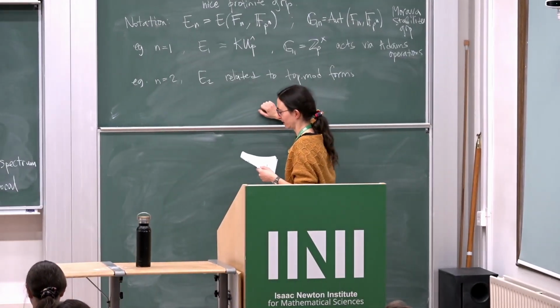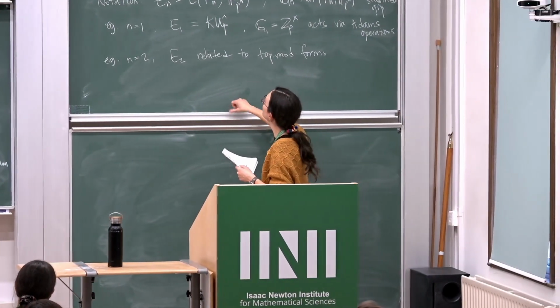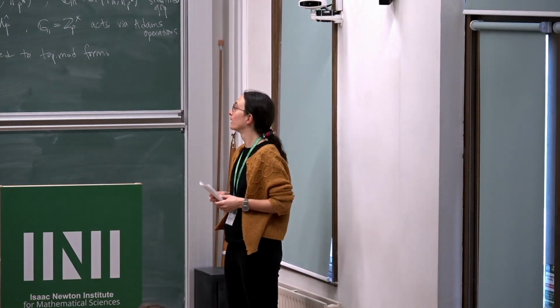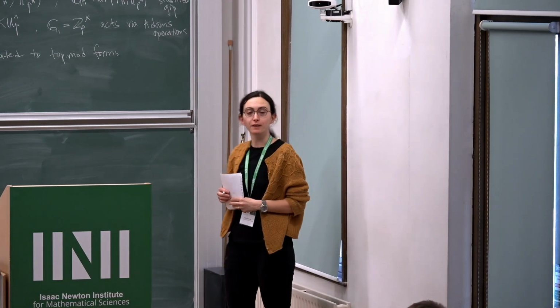So why do we like this En? It's because, unlike the sphere, it's a very easy to understand spectrum.